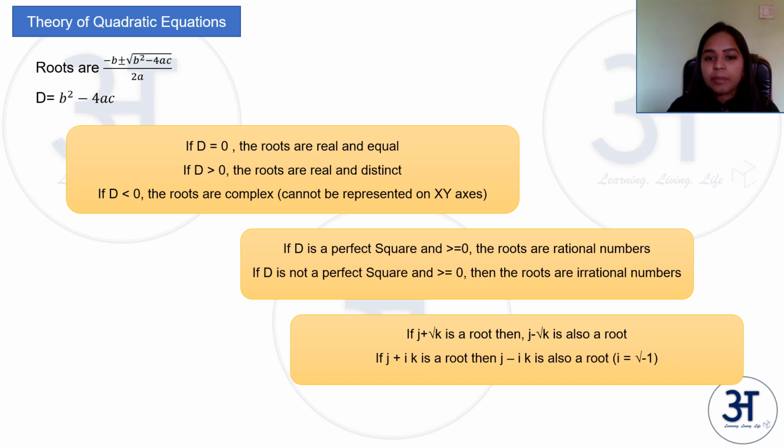If j plus ik is a root, then j minus ik must also be a root. Again, i is an imaginary number here. So when will that happen? It will happen when d is less than 0. So if j plus ik is a root, then j minus ik will also be a root.